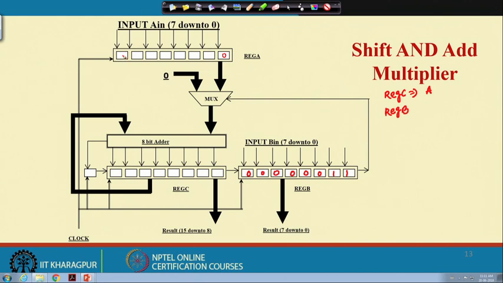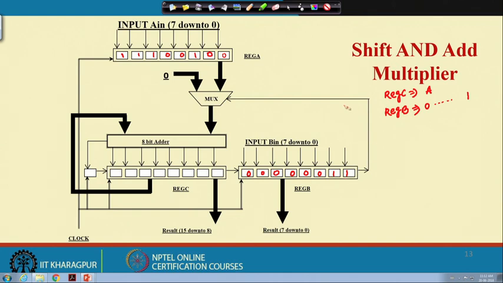Suppose this value of this is all 0, and that will again be shifted to this particular position. Okay.